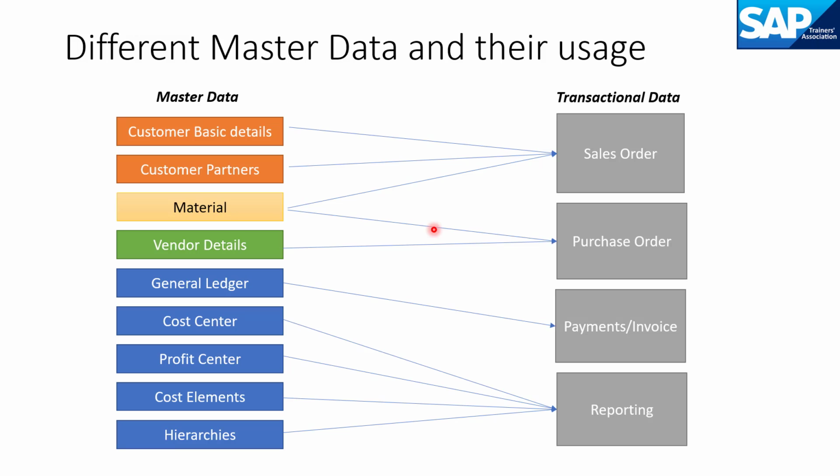MDG helps to ensure that before any transaction can happen, the master data is created very neatly, very cleanly, and reviewed by multiple people, and it should be so good that no reversal happens on orders because of the master data.